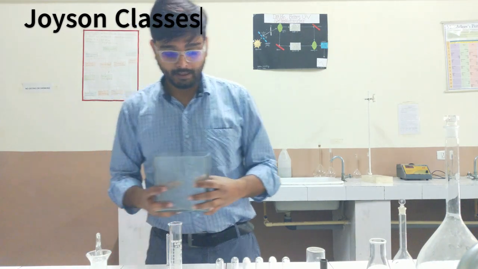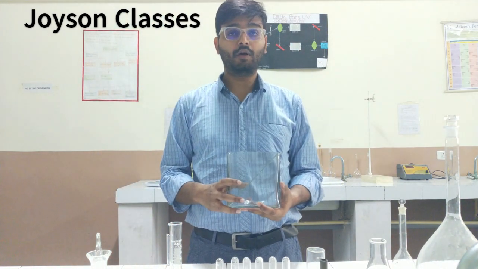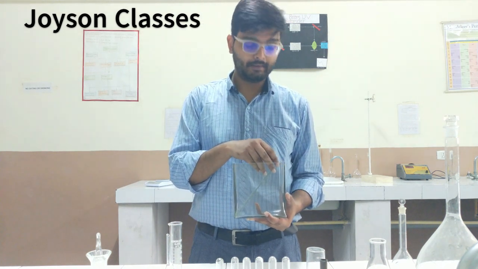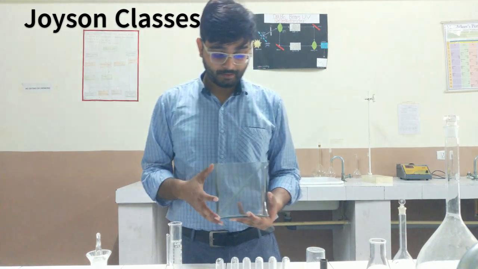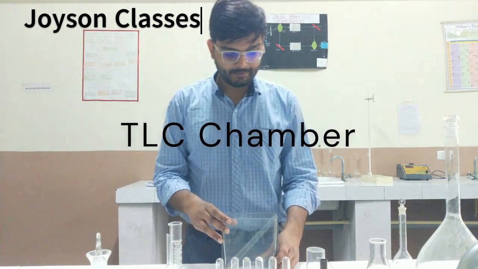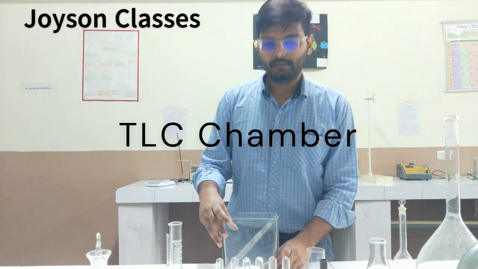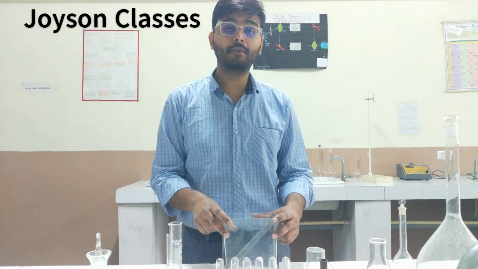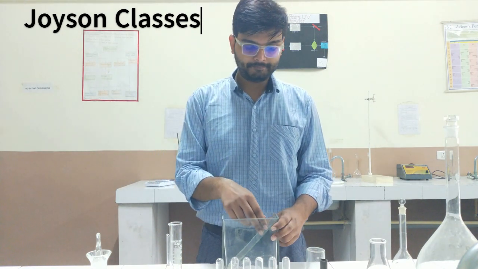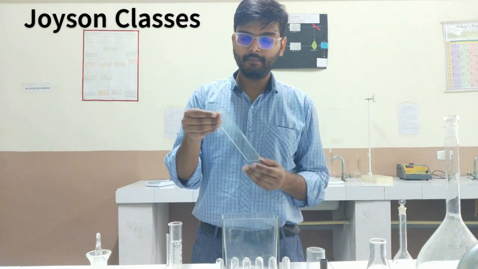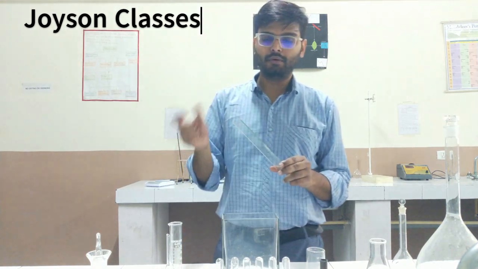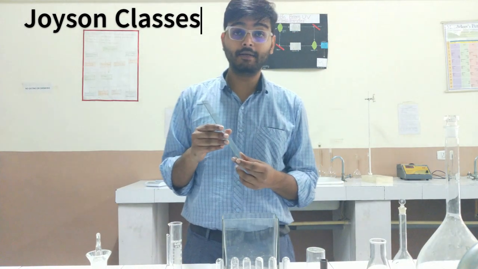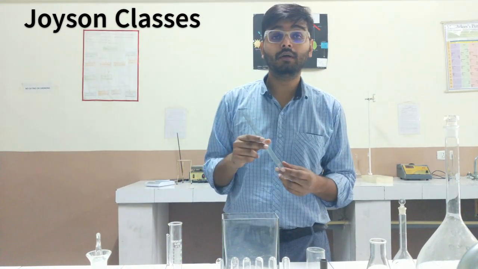One more thing, which would not be used in the pharma analysis lab of B.Pharm first semester, but in the later labs. This is called the chromatography chamber, TLC chamber more precisely. TLC is thin layer chromatography, and we have the TLC slab on which you can pour the silica gel, and we should make sure it is evenly poured.